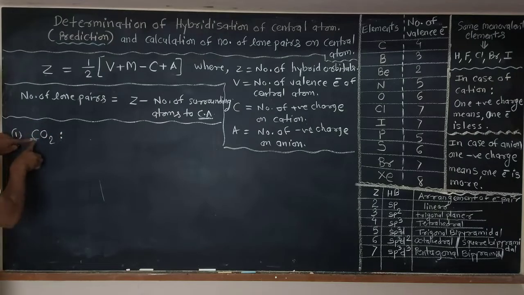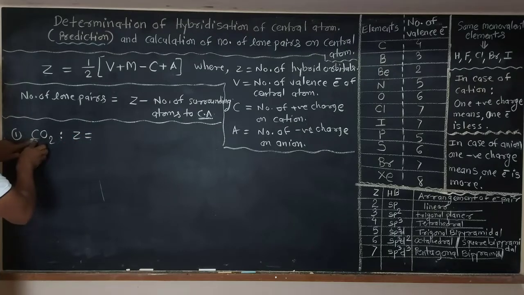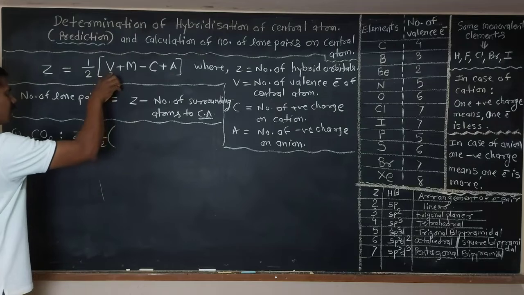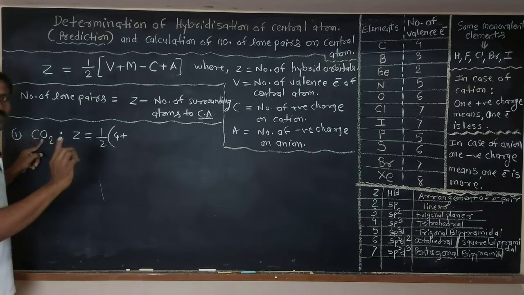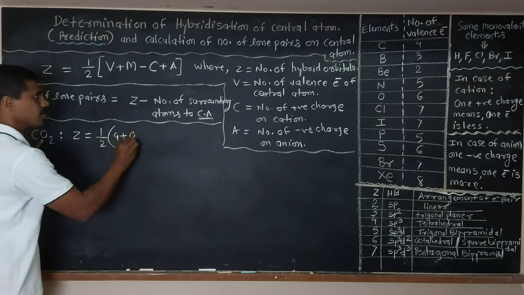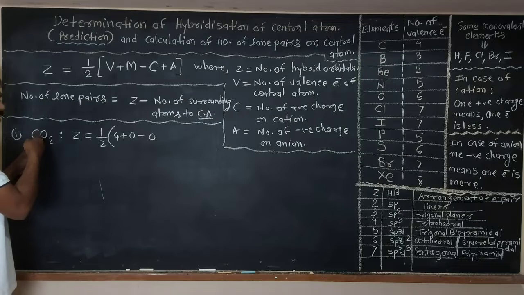Okay, the central element is carbon. Z is equal to 1/2 into the valence electrons of carbon, which is 4, plus the monovalent atoms surrounded by it, which is 0 because oxygen is divalent, minus 0 because it is not an anion, plus 0 because it is not a cation.